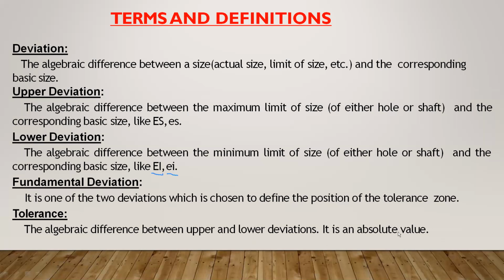We can divide the tolerance into tolerance grades. Based upon the types of tolerances, the tolerance grades have been evaluated. So these are the fundamental terms and definitions which we have seen in the basics of limits and fits.